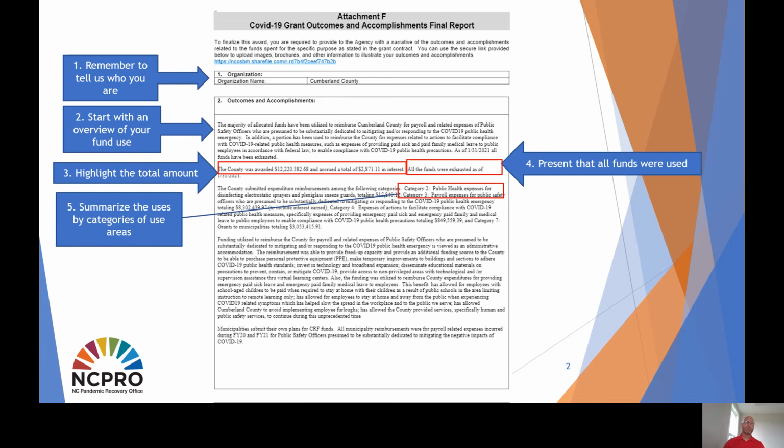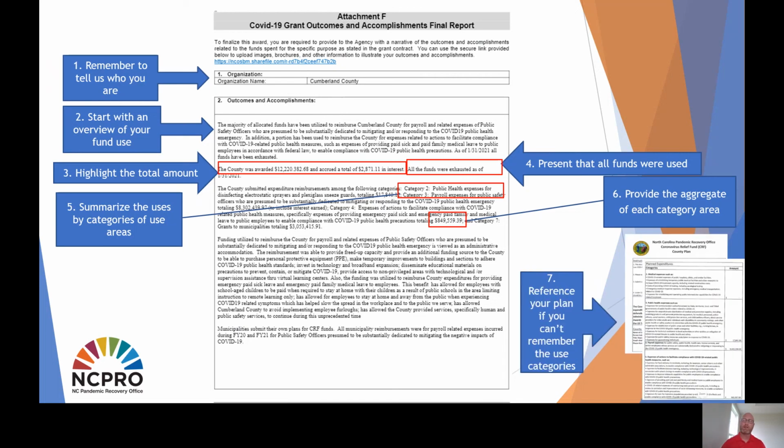All right, so tip number 5, summarize the use of your funds by the category areas. Tip number 6, aggregate each one of those. Now we know that there's use categories, and those may have changed from the allotments that you had as you went through. And this aggregate amount by category really helps us see where things really lined up or where they ended at.